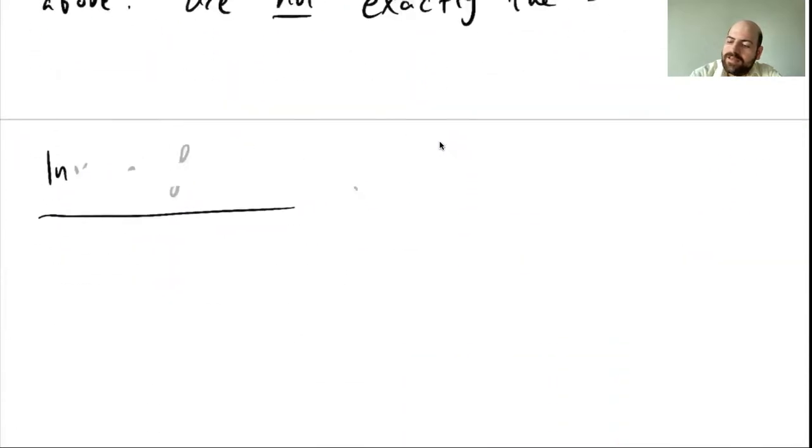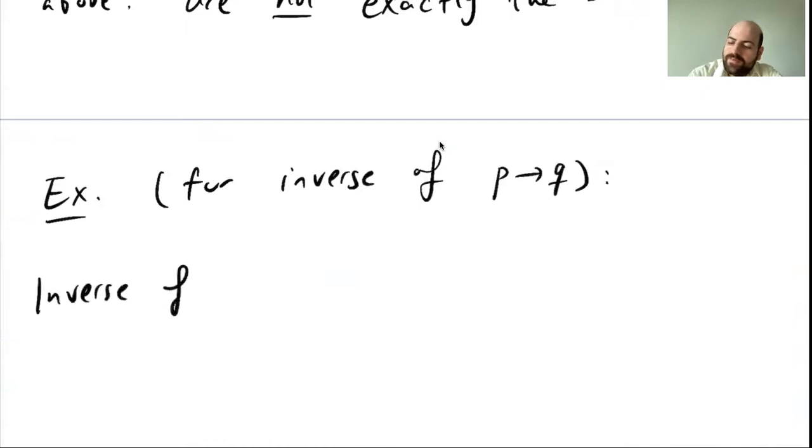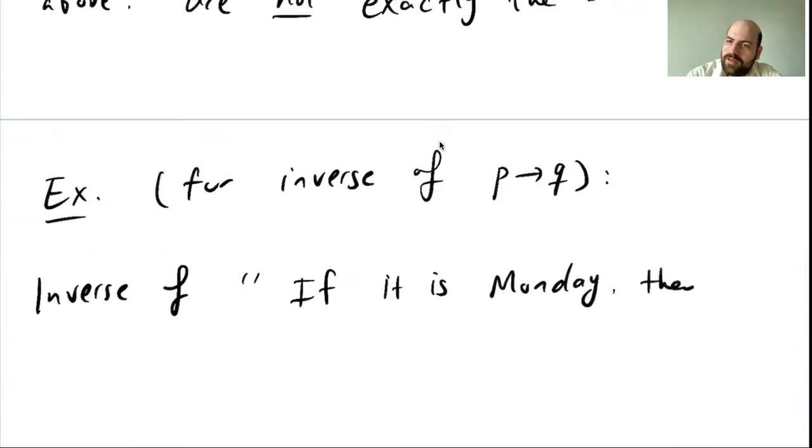So let me write it as an example for inverse of P implies Q. So the inverse of, if it's Monday, then I go to the mall.